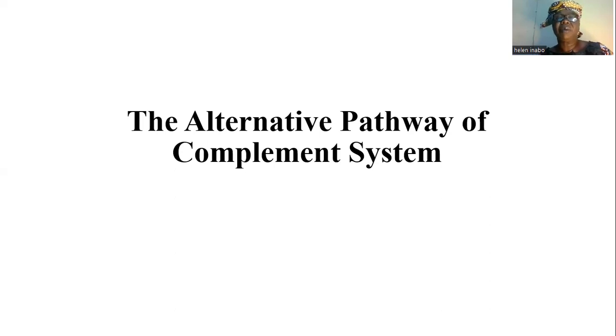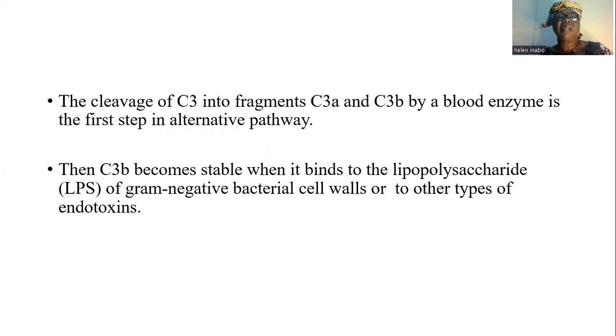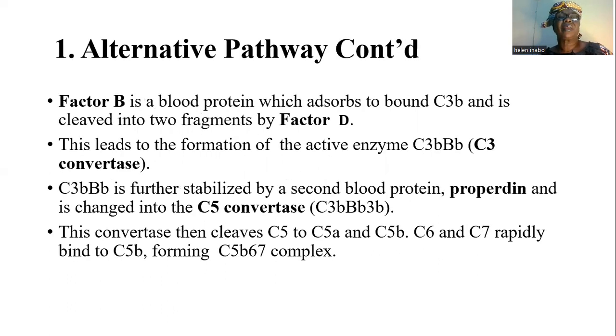The C3 component is cleaved into two fragments, C3A and C3B, by a blood enzyme. Now, this becomes stable only when it binds to a lipopolysaccharide, LPS, of the gram-negative bacterial cell wall or any other type of endotoxin. So the factor B is a blood protein which adsorbs to bound C3B.